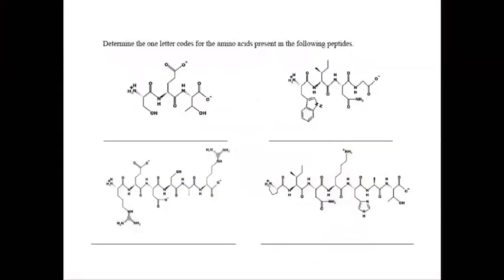This is how they look like, and this is going to be based on the computer program that I use for drawing these. As you can see, the instructions say, determine the one letter code for the amino acids present in the following peptides, okay?